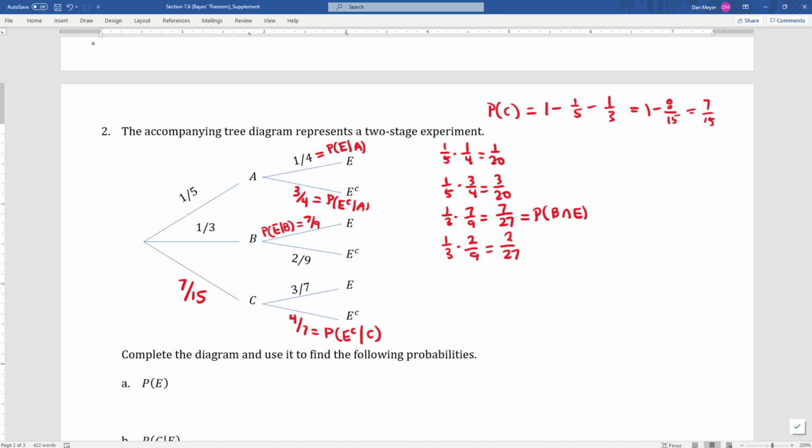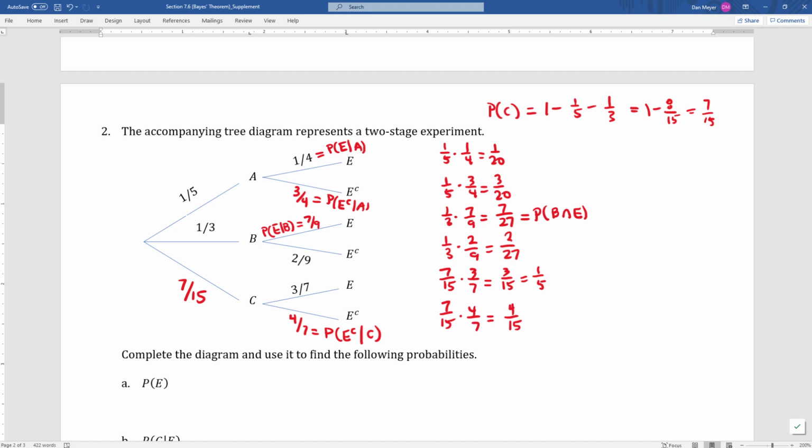And then the last two here, 7/15 times 3/7 would give 3/15, or 1/5 if you like to reduce these fractions. And the very last one there, 7/15 times 4/7 gives 4/15, which can't be reduced.